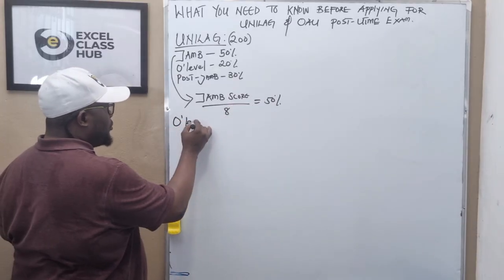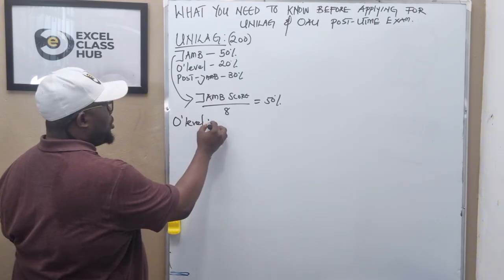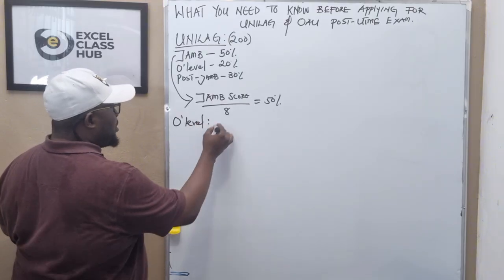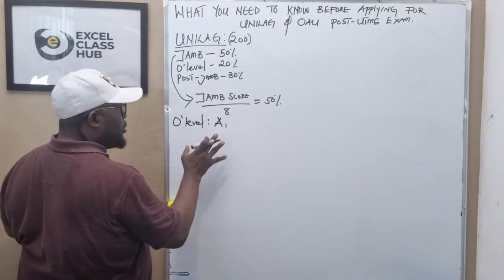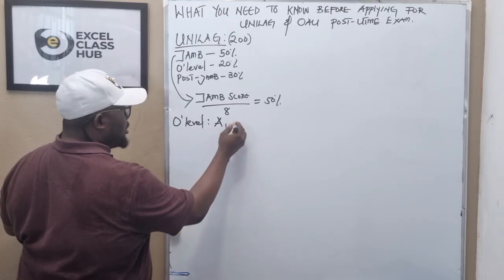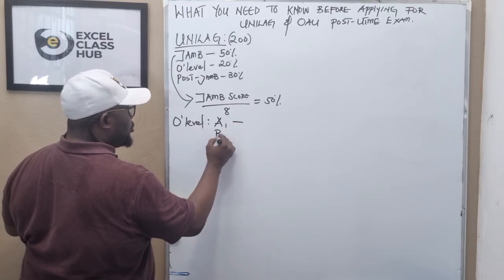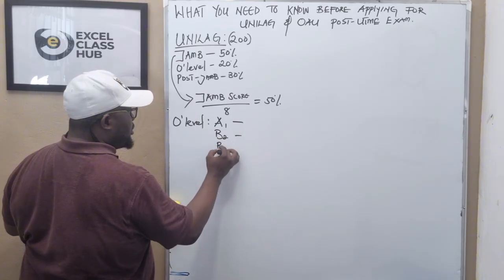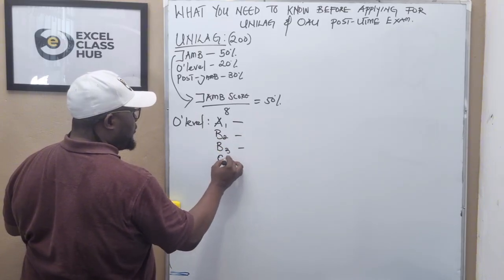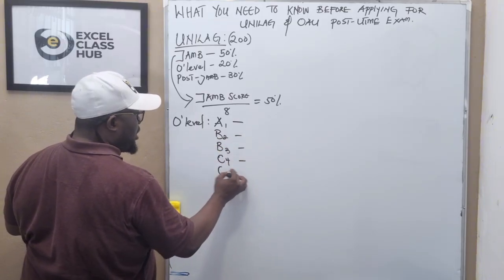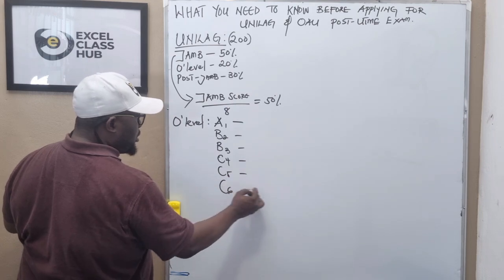Based on O level, either WAEC or NECO, there are important grades you use in scoring students: A1, B2, B3, C4, C5, and C6.